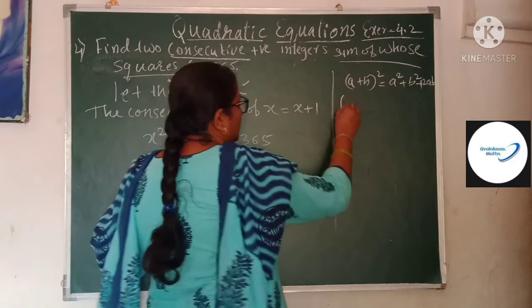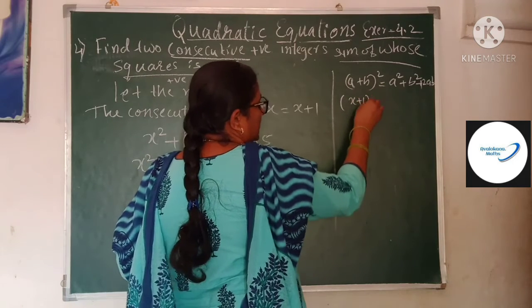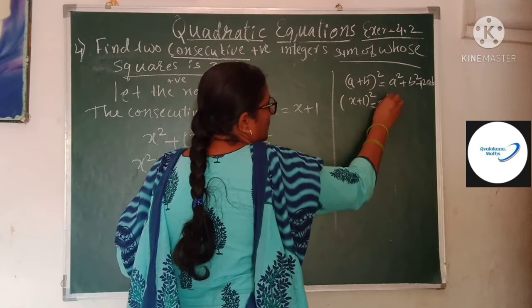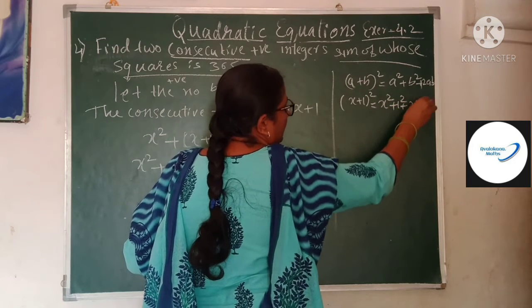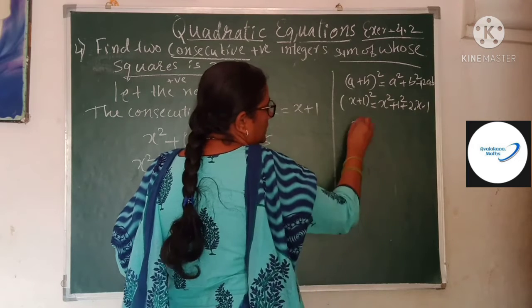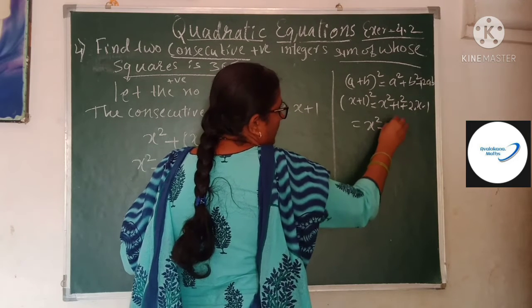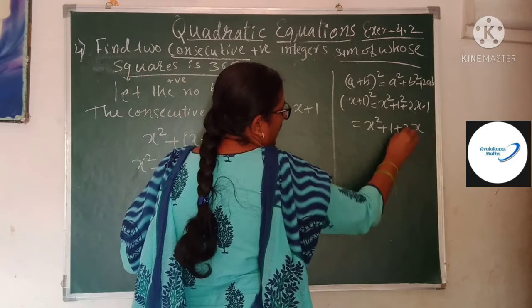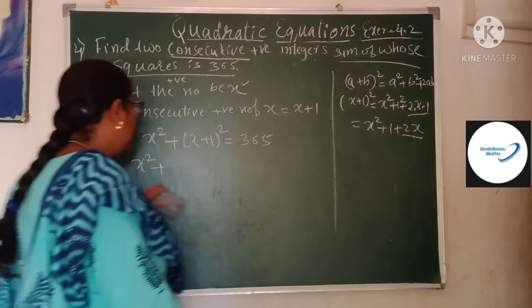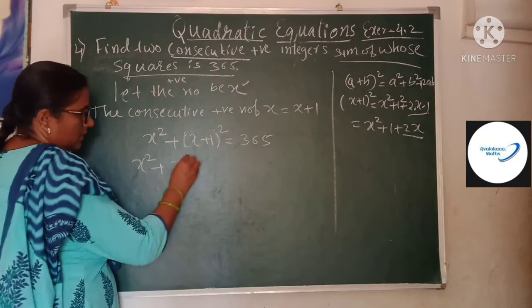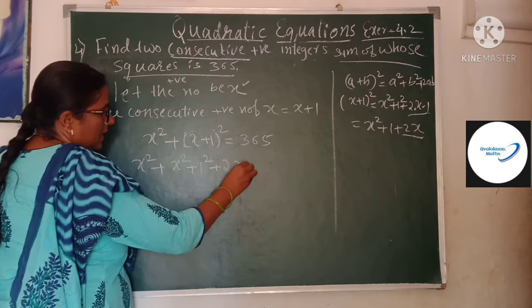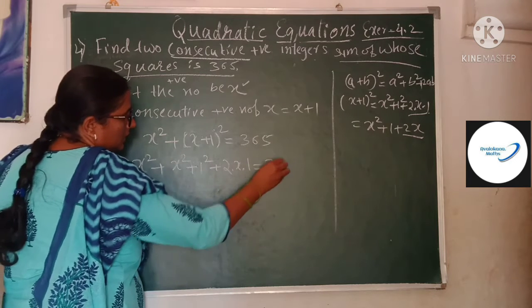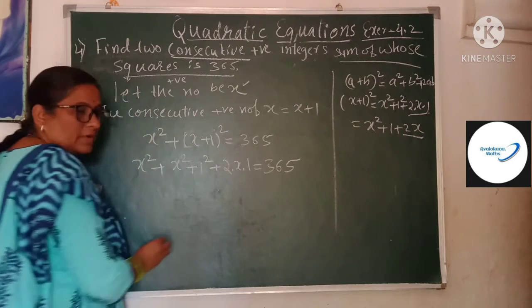Now look at this one. It is x plus 1 bracket square, x square plus 1 square plus 2ab, where a is your x and b is 1. This is equal to x square plus 1 plus 2x. Now this a square plus b square plus 2ab is equal to 365.